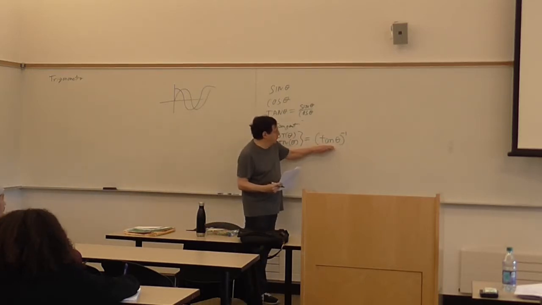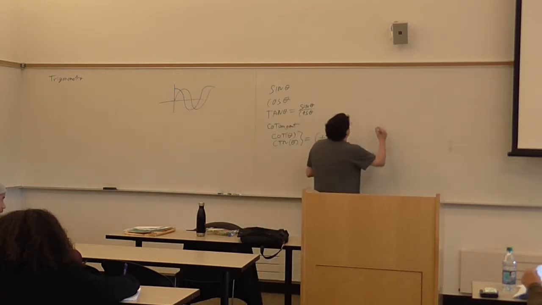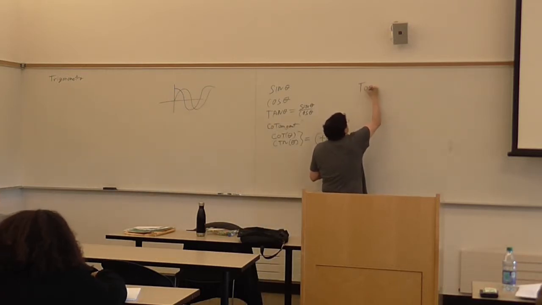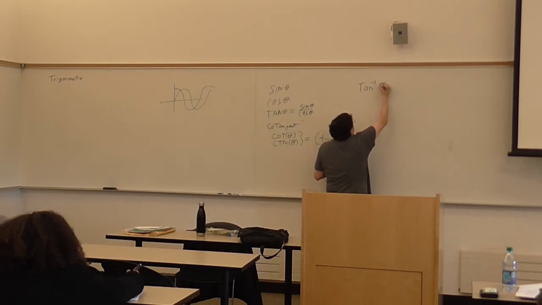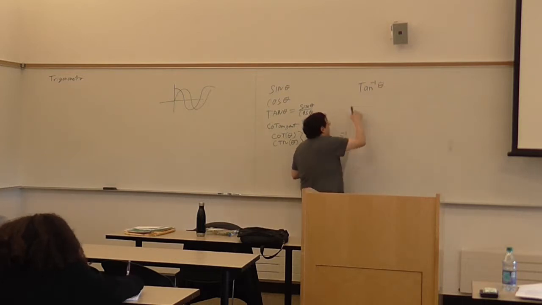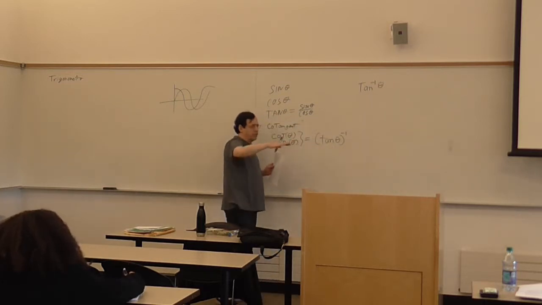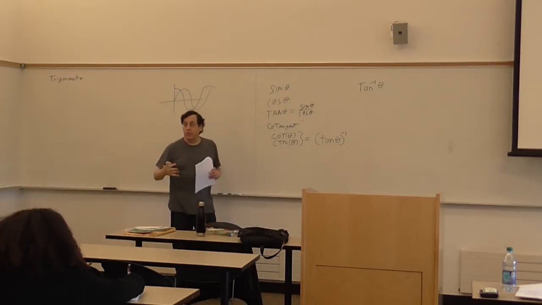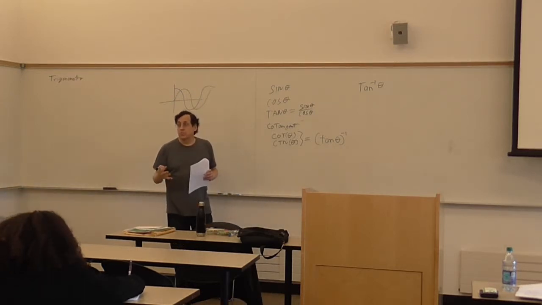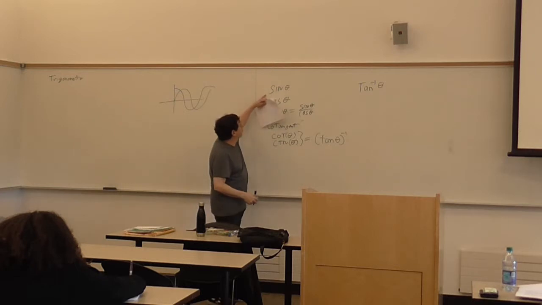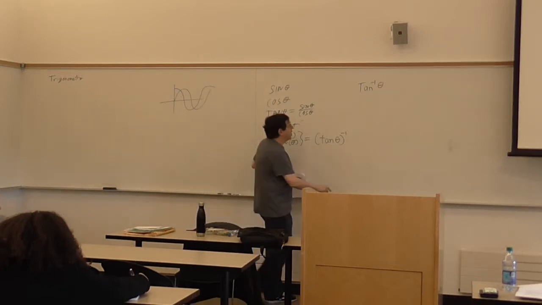We want to be very careful because there's something else. We're going to use this terminology, tangent -1 theta, not to mean the reciprocal, but to mean the inverse function. We'll get to that later. The same is true of sine and cosine.